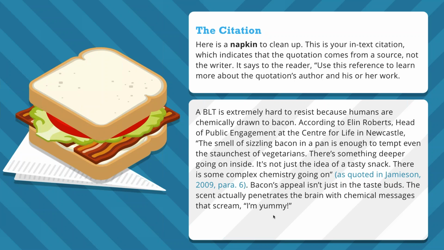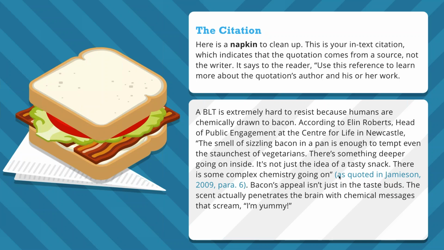We'll talk about that also some more later on in the lecture today in more detail. So you'll have plenty of opportunities to learn how to do in-text citations correctly. Just know that this is a slightly unusual type of citation here.